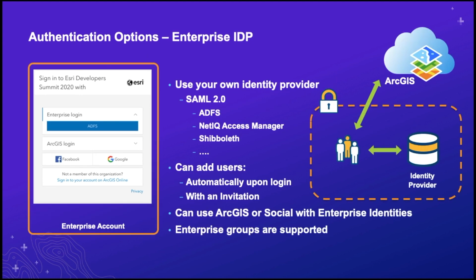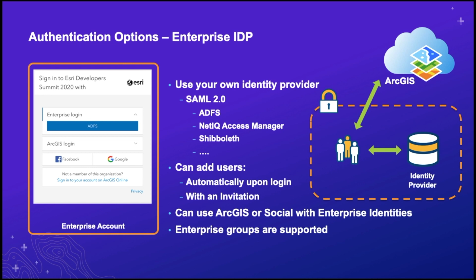And then finally, you can integrate ArcGIS Online with your enterprise identity provider. So if you have a SAML 2.0 compliant identity provider, you can set it up with ArcGIS Online, and when your users log in, ArcGIS Online will redirect them to your identity provider to log in.